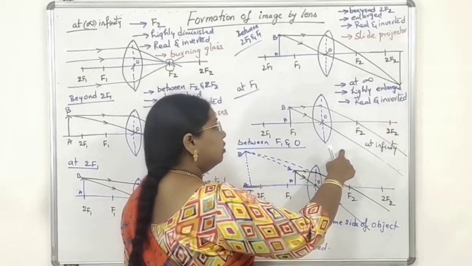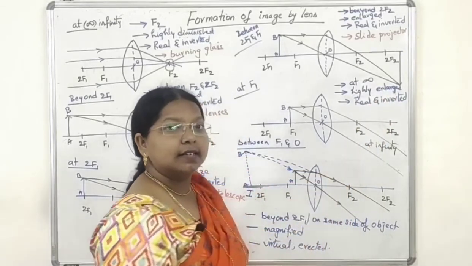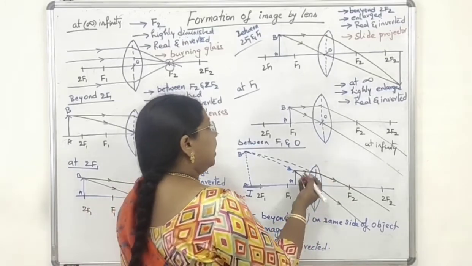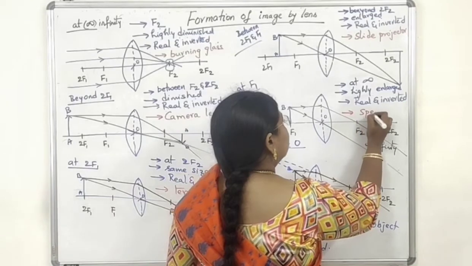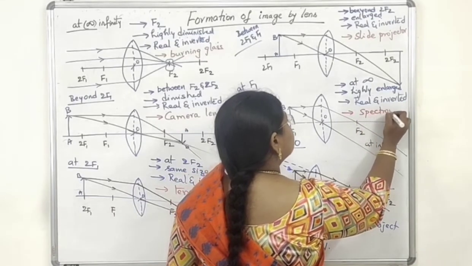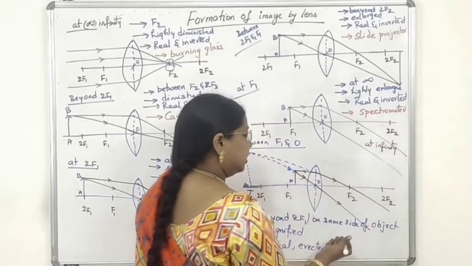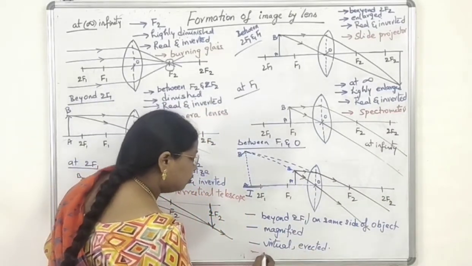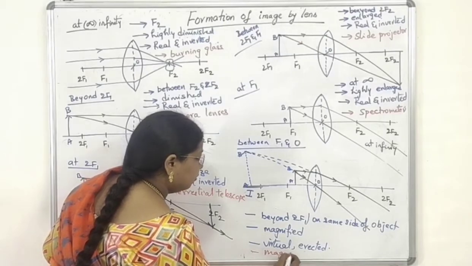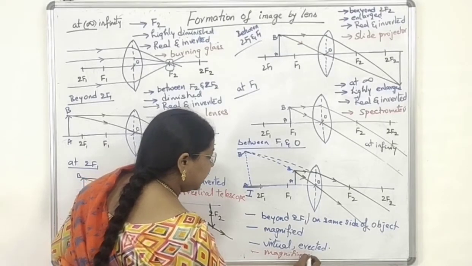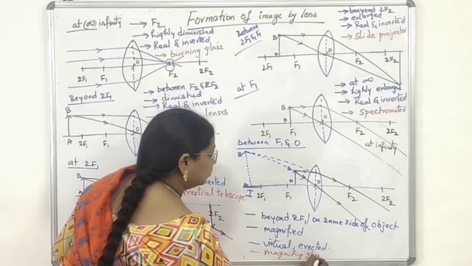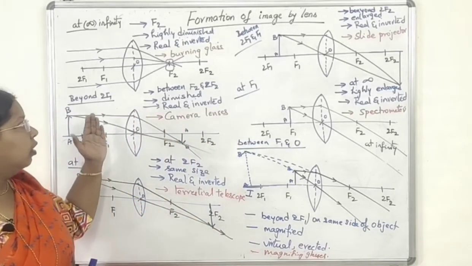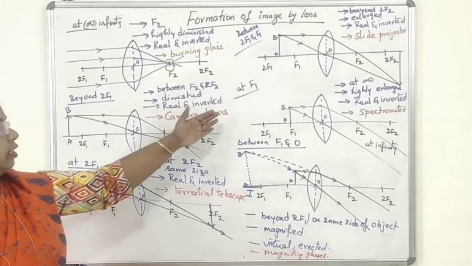And next one, we see in spotlights, and in spectrometers. And this we see in magnifying glasses or lenses, microscopes. So these are the different applications of each ray diagram.